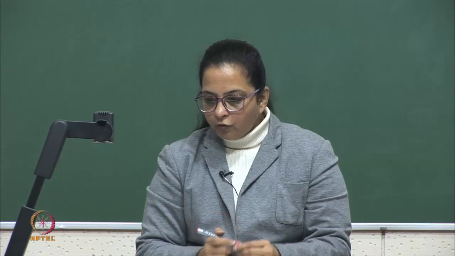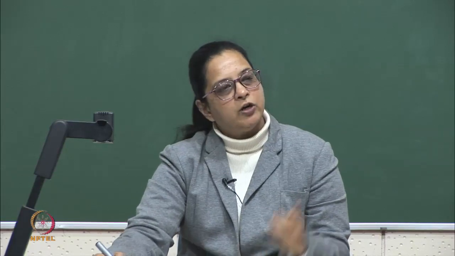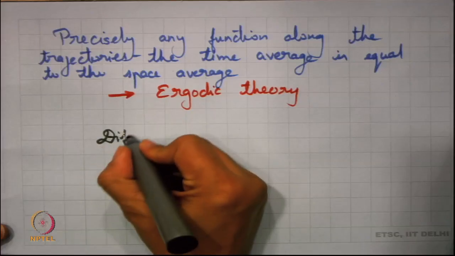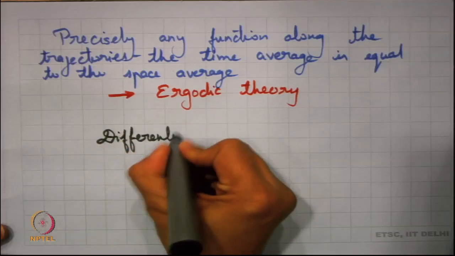Now, what does everything sum up to? So, one can say that when we are looking into the differential aspects of the dynamical system, one is essentially studying what is called differential dynamics.